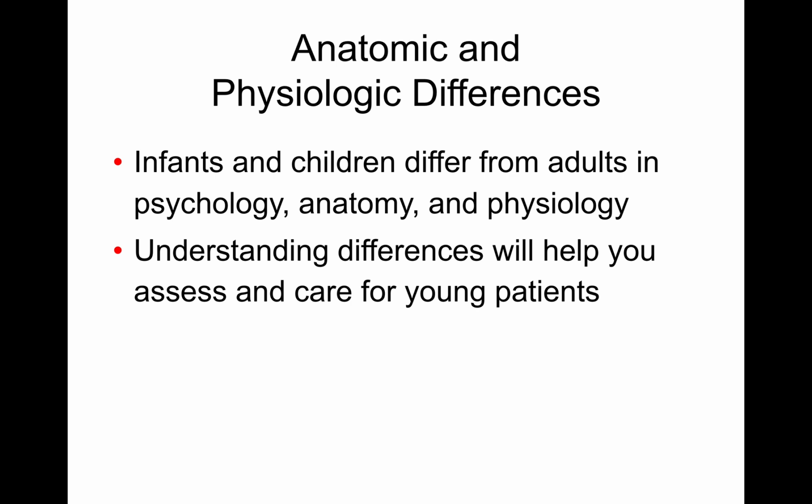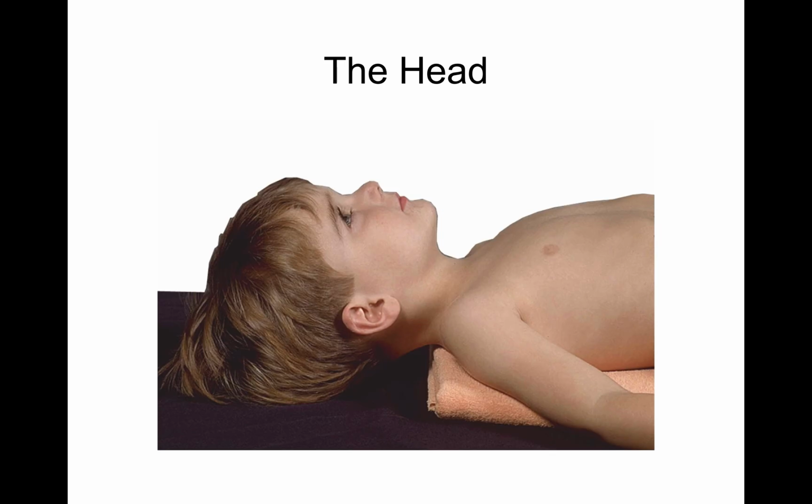There are significant differences in their psychology, anatomy, and physiology. Kids aren't just little adults, and we need to take that into account when we care for young patients. First, their head is proportionally larger than the rest of their body, and if you have them laying flat, you often need to put a pad underneath their body in order to get their head to be in a neutral position.